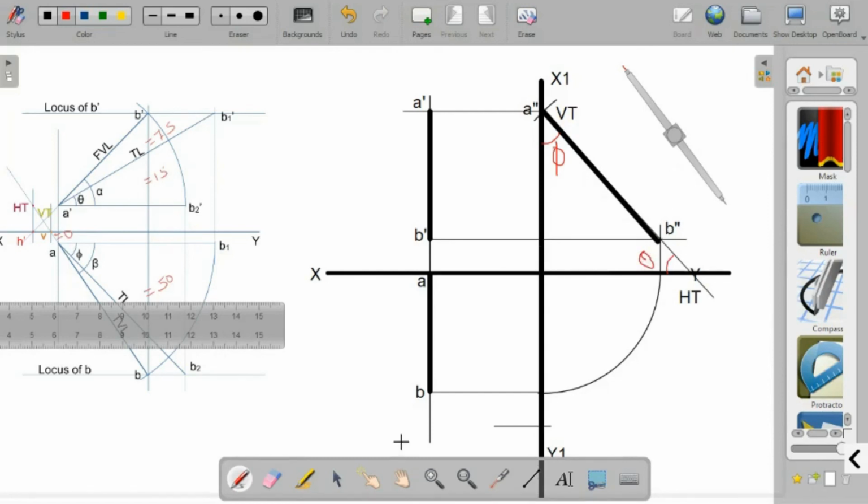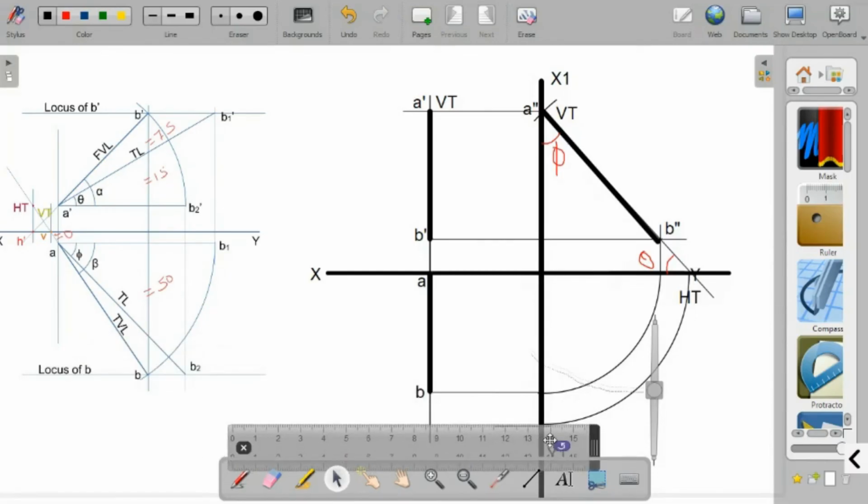Now we have to find the HT also. VT is already there. This is point A as well as VT. See, you have to rotate it back. And from this point, draw a horizontal line.